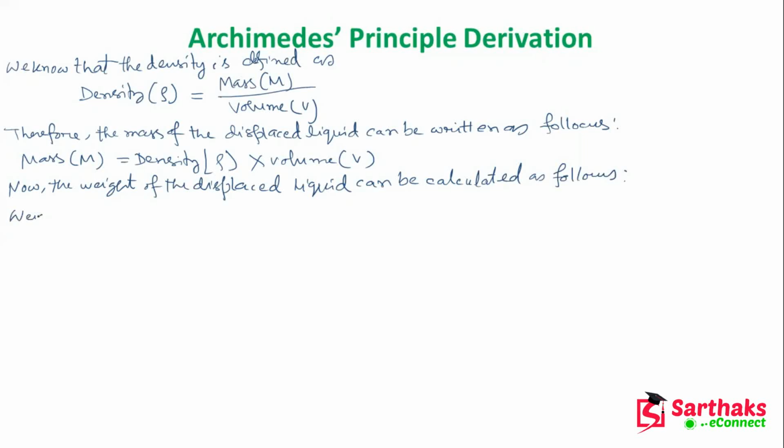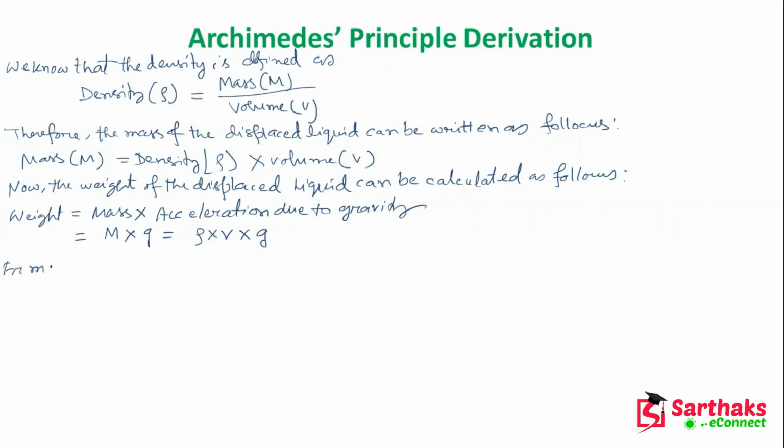You know that weight is the mass into acceleration due to gravity. So we can write this as mass into g, and this weight is rho into V into g according to the Archimedes principle.